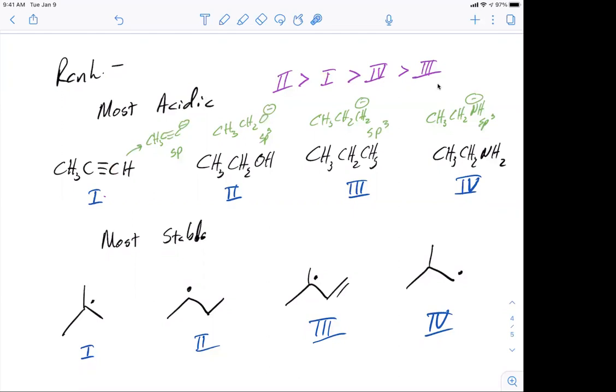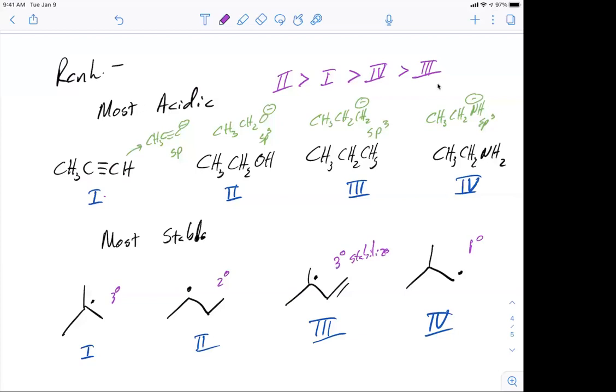The next one we have are tertiary radicals, secondary radical, tertiary stabilized. Why is it stabilized? Because it's allylic. I don't know why I can't spell that word. So it's allylic and then primary.